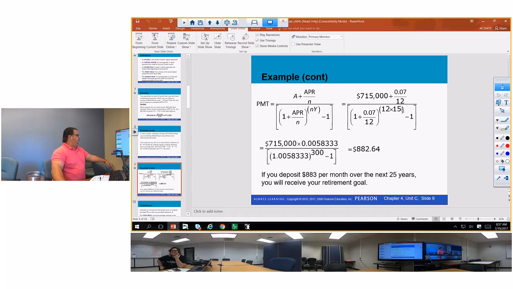Somebody multiply 12 times 15. 12 times 12 is 144. And then that'd be 150? 180. 180? Yeah. Yeah, that's an error. But they're using that calculation in this, but they still have 300.